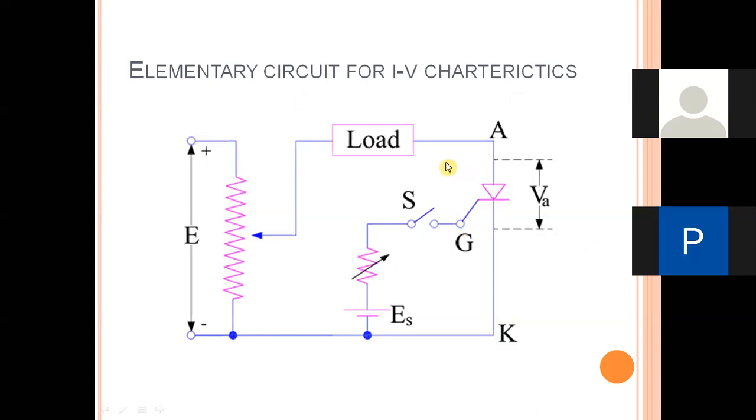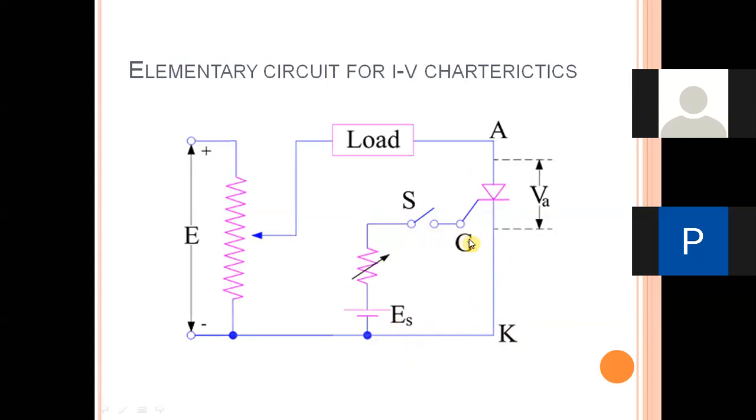In the second case, we are going to consider this switch to be closed. When the switch is closed, what will happen? The circuit between this gate and cathode terminal is closed. So you are going to have a current conduction from this source ES, through this resistance and switch, to the gate terminal, to this cathode, and from the cathode to the return.